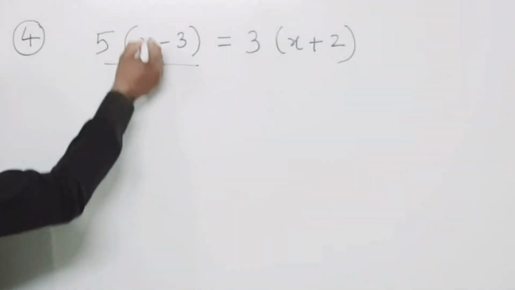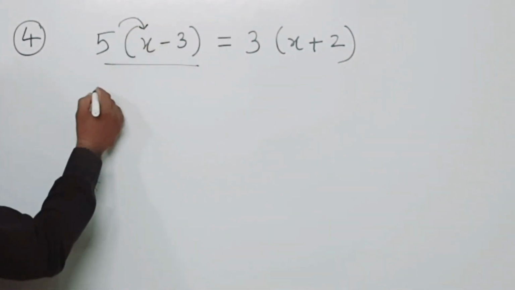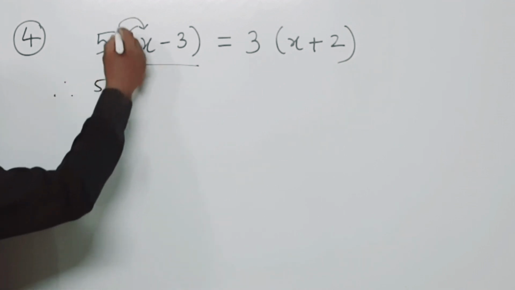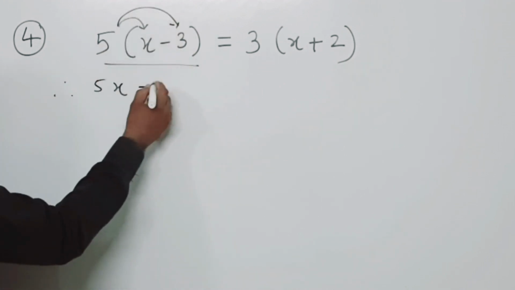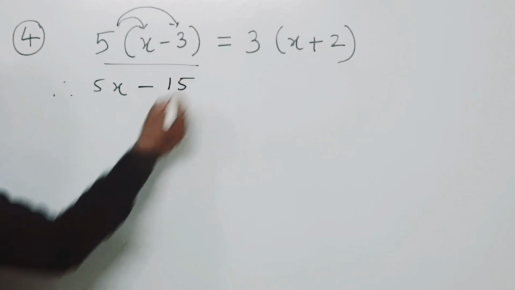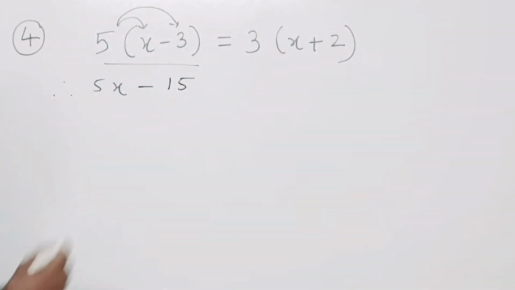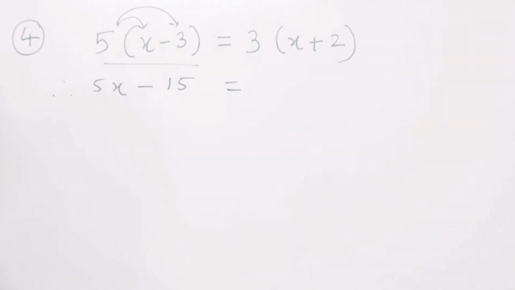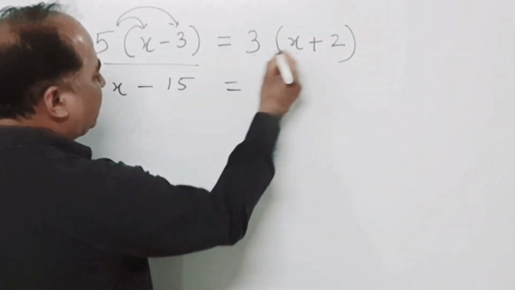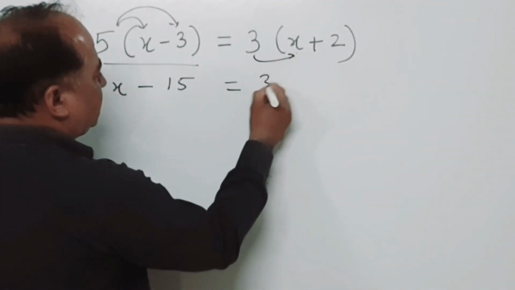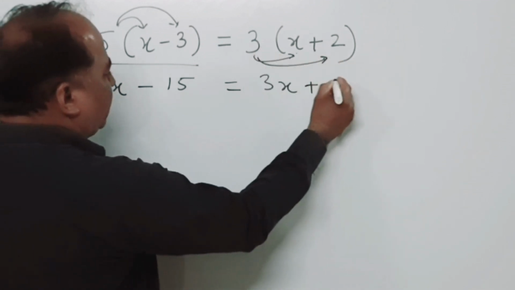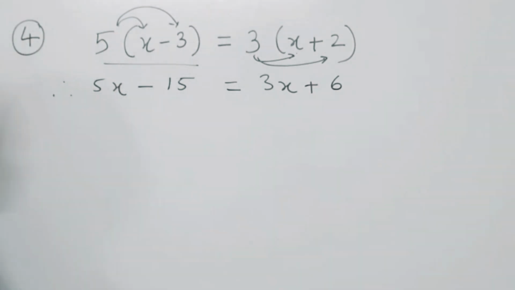So 5 into x is 5x, and 5 into minus 3 is minus 15. Similarly, open the bracket on the right hand side. 3 into x is 3x plus 3 into 2, that is 6.